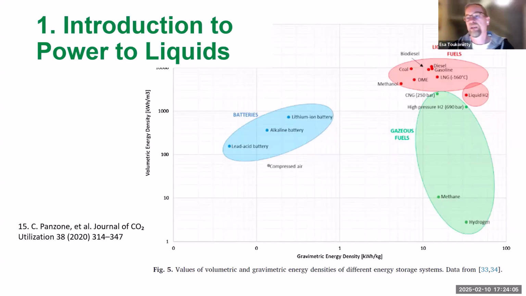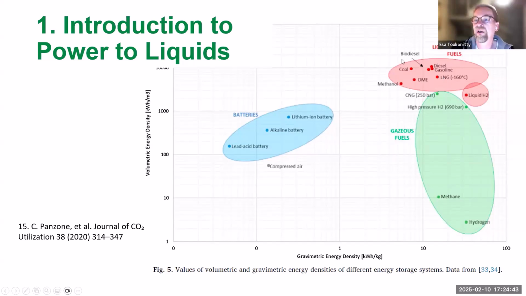And if we want to combine the good sides, to have both high, then we end up with different types of liquid and solid fuels. So in terms of energy density, these are superior. This includes current diesel, gasoline, or these products that we, for example, make in power-to-liquid processes: methanol, dimethyl ether, or liquefied natural gas.